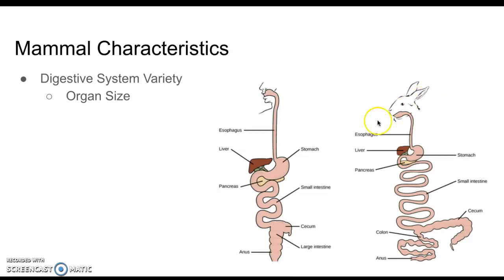For example, here we have an herbivore, and you notice that the herbivore has a very, very long intestinal tract and a very large cecum and a very large colon. And the reason is because plants take quite a bit of digestive power to process. So you have to have this really long system so that the organism is able to process all the food.